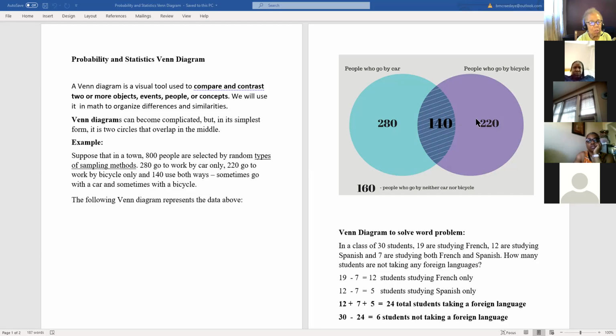Those don't add up to 800, so if you add these up and subtract from 800, you get 160. That's the people who go by neither car nor bicycle. Any questions on the Venn diagram? How did you get 160?